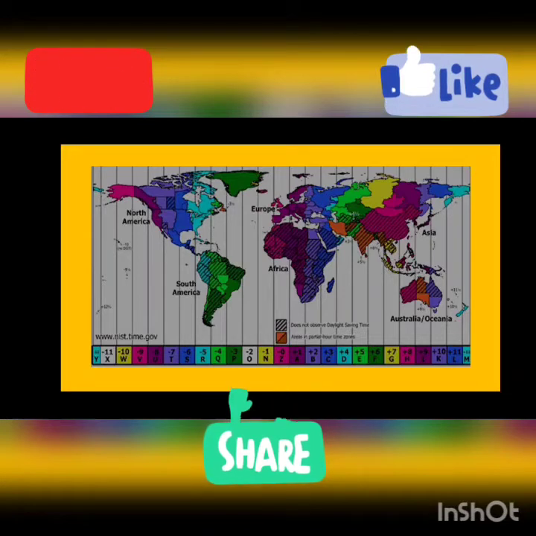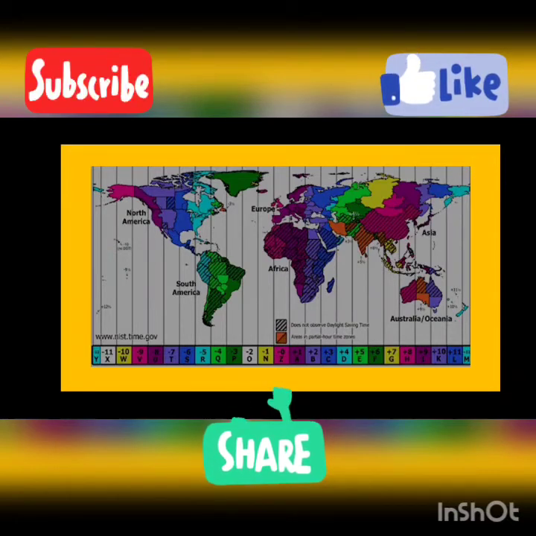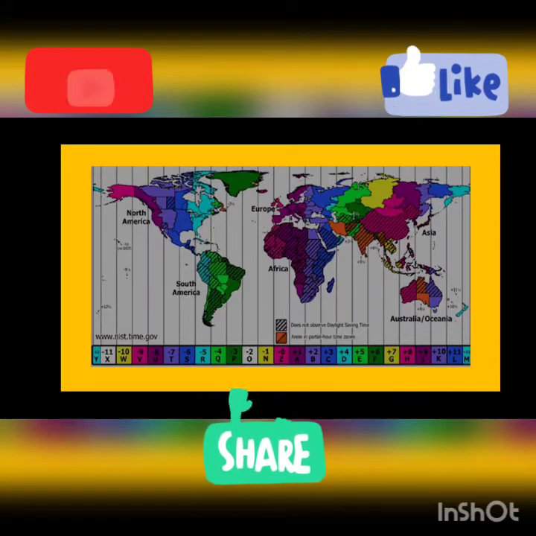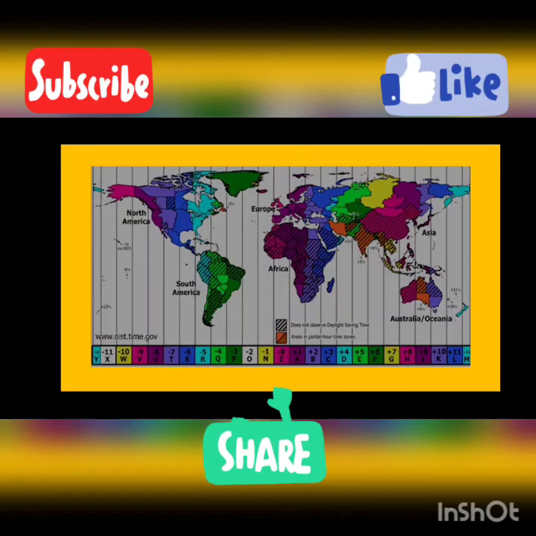It is lying between the 5th and 6th longitude, in the middle. So India is lying towards the right side of the Greenwich meridian. So you tell me, for the places lying towards the right side, the time has to be added.